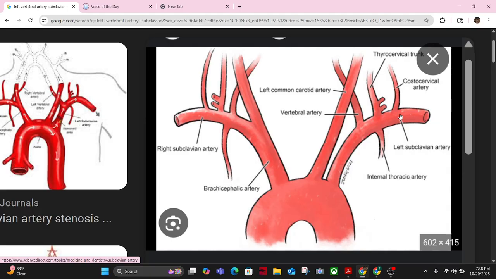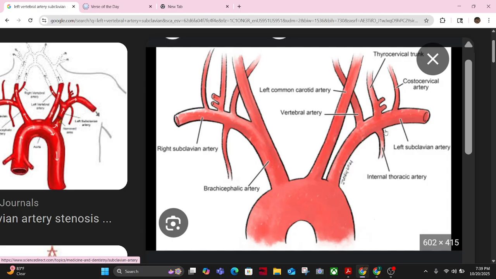So if there's a block here, it goes like this, and then up the right vertebral artery and down the left vertebral artery into the left subclavian. So it goes like around.